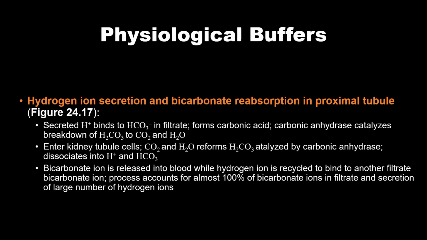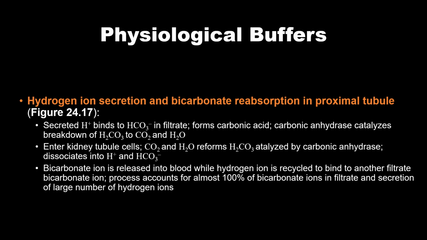Carbonic anhydrase then turns this carbonic acid into carbon dioxide and water, both of which are able to enter the kidney tubule cell, and then inside the cell they react again with carbonic anhydrase, forming carbonic acid, which again dissociates into bicarbonate and hydrogen ions.